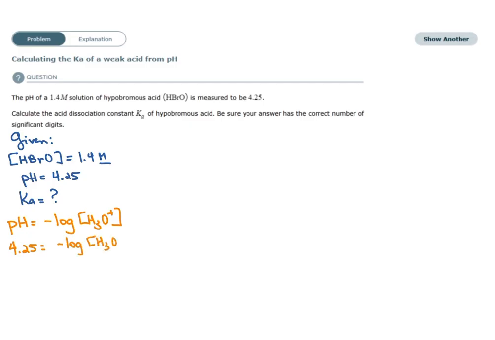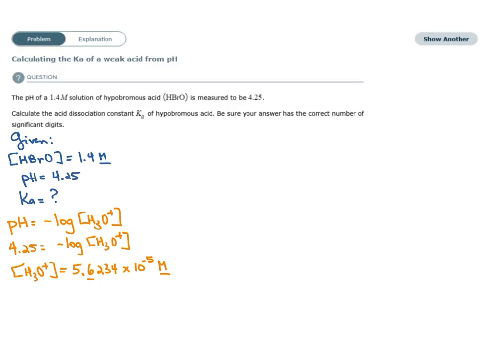So in order to find the concentration of H3O+, all we need to do is the antilog of negative 4.25, and this gives us 5.6234 times 10 to the negative 5 molar. Our pH was given in 2 decimal places, so that means our concentration should have 2 significant figures. So I'm not going to round too early. I just want to keep a mental note by underlining the second significant figure.